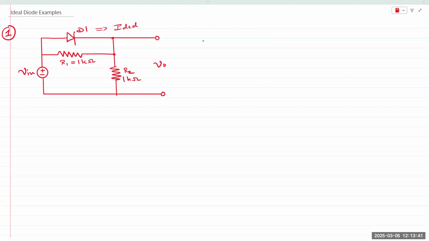The question being asked is to determine the transfer characteristics. Transfer simply means the ratio of output to input.